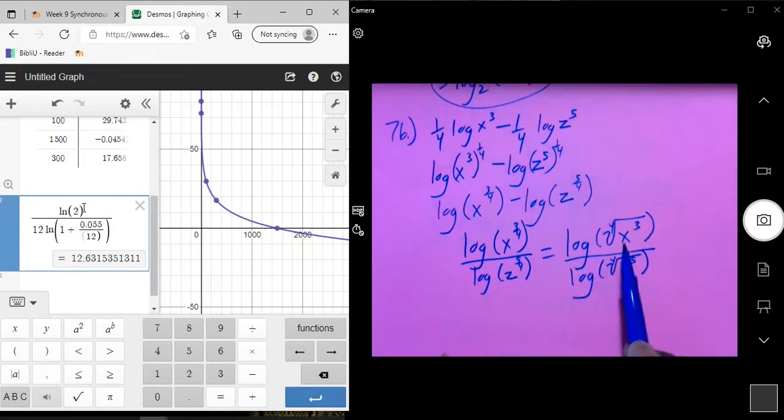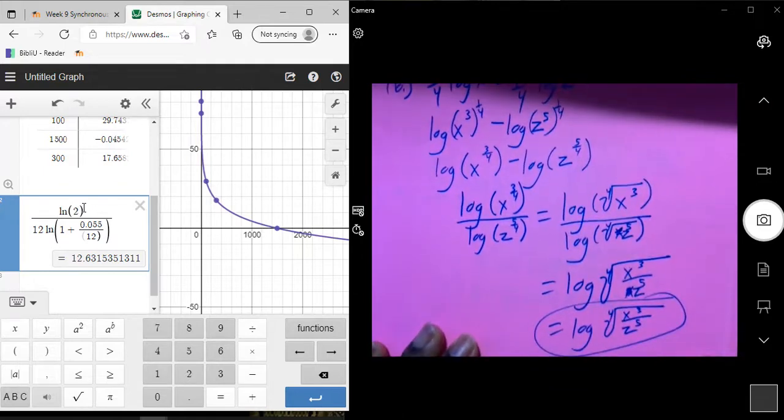Now, because they have the same base and both of these logs have the same radical, we can make this into one log, and we'll take the 4th root of x to the 3rd over z to the 5th. I'm sorry, that's supposed to be z. Let me rewrite that. It's supposed to be log the 4th root of x to the 3rd over z to the 5th. That would be your final answer.